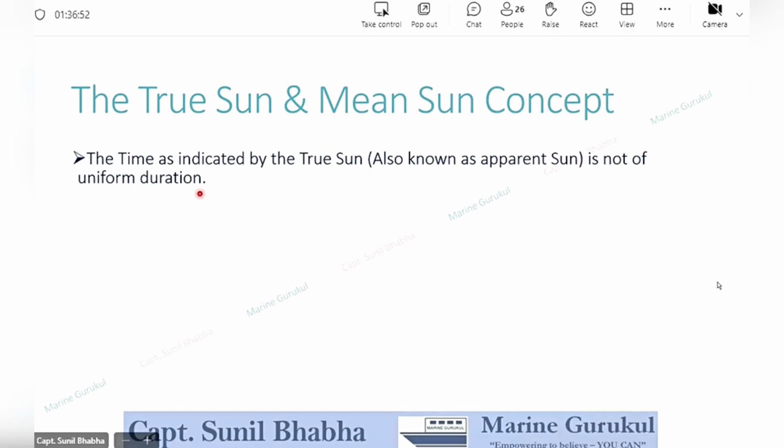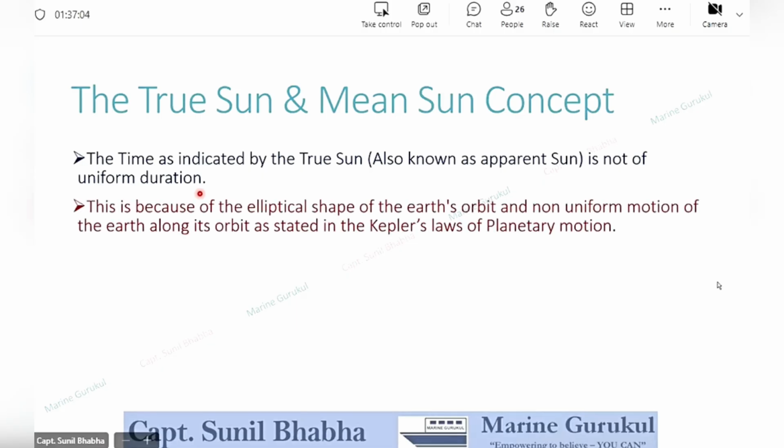To give you an example, 1 hour of time in the month of January may not be the same as 1 hour of time in the month of June. So when we observed that it is not a uniform duration, we came to know that we cannot use this reference of time as a standard unit. A standard unit should not vary. It should be of a standard duration.